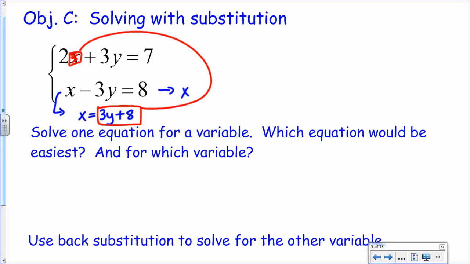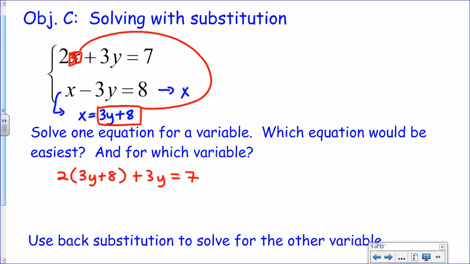When I write that out, that 2 is multiplied by the box, so I have to do 2 parentheses 3y plus 8, and now plus 3y equals 7. You know you plugged it in for the correct variable if you just have one variable, you just have y. If you accidentally plugged it in for 3y, then you would have 2x and you would have a y, and then you're not any closer to getting the right answer. You have to make sure that when you substitute it in, you just have x's or you just have y's.